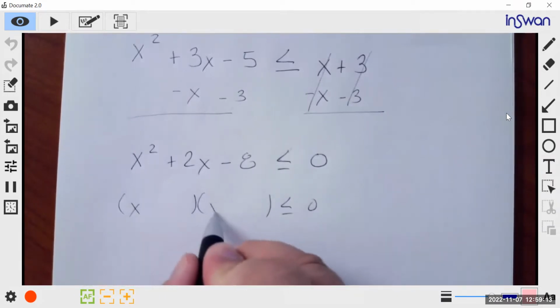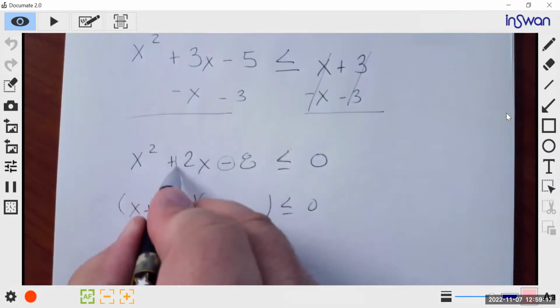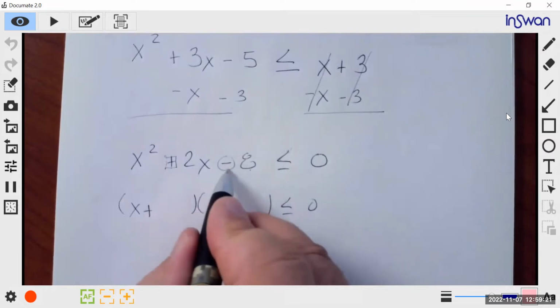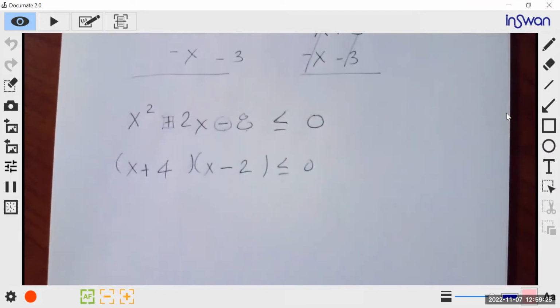So x and x, opposite signs, positive, negative, and the bigger one has to be positive. So what times what is 8 when you subtract and get 2? 4 and 2. So what are my x-intercepts?